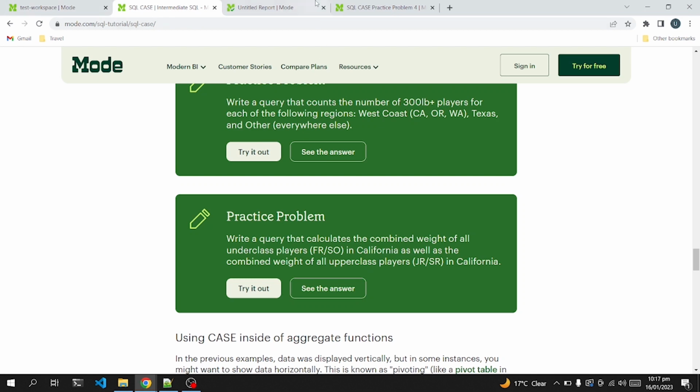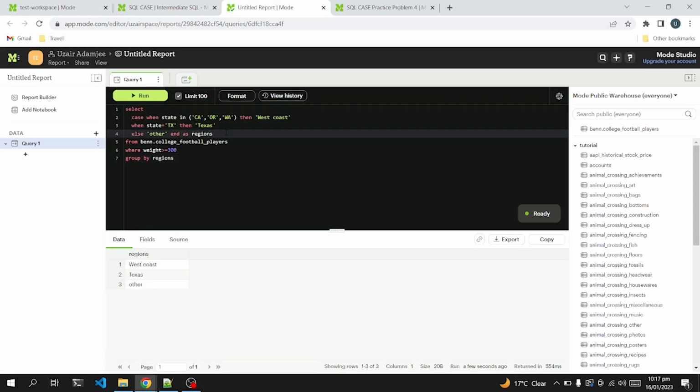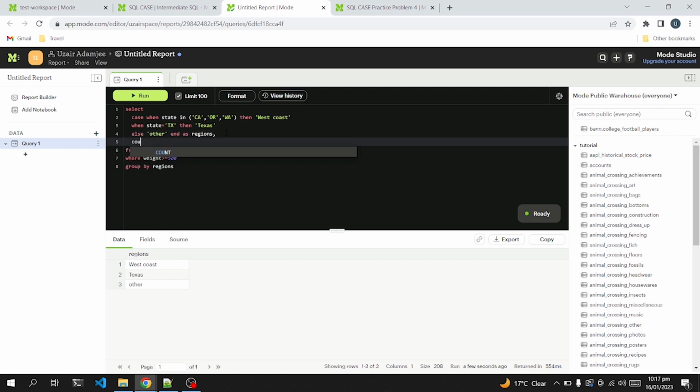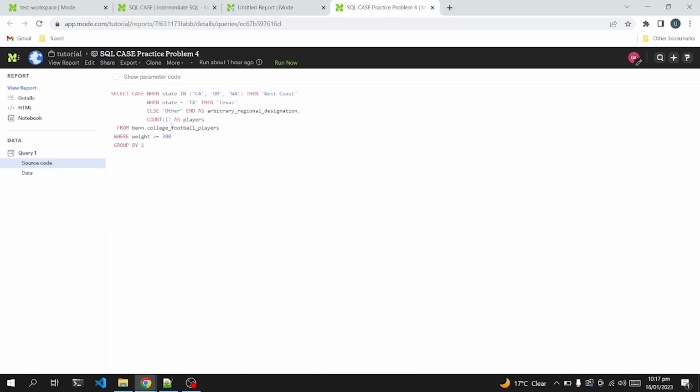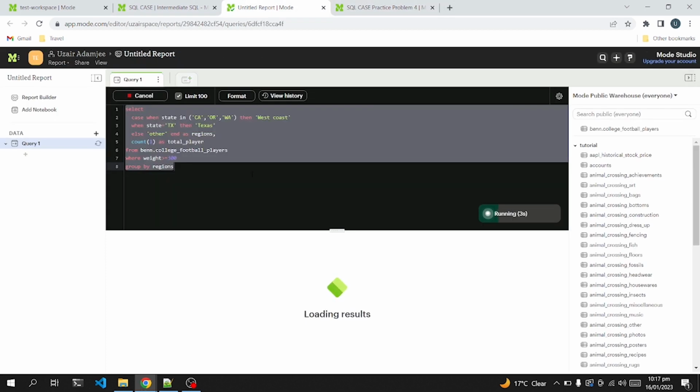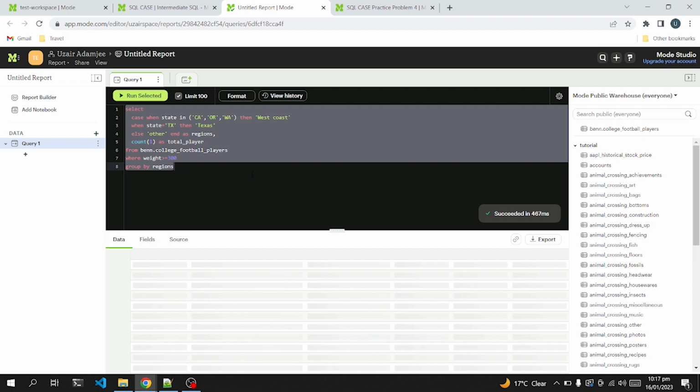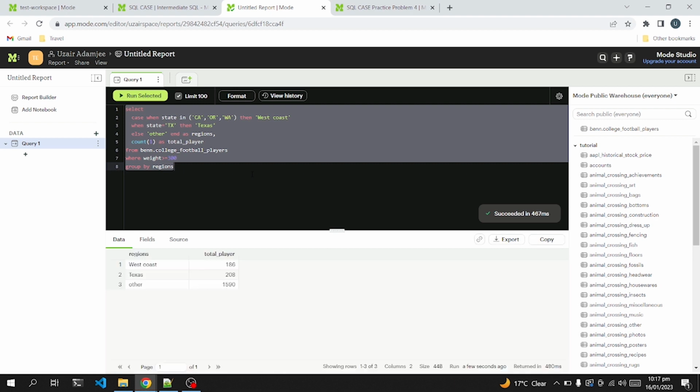So we have to count the number of players. So let's count the first column. So for each region, we have got the total count of players.